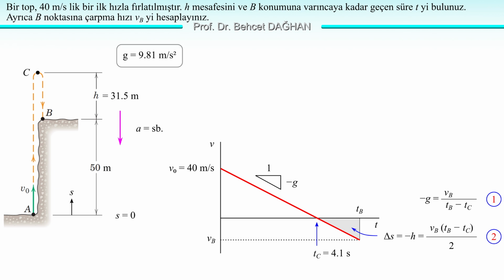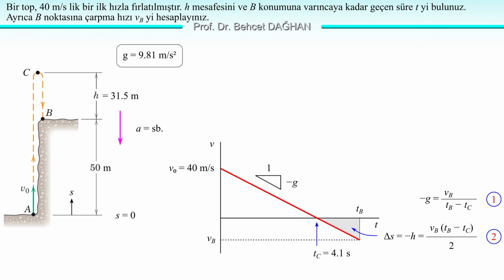It's an area below the t-axis. Therefore, it's negative. The change in position from C to B is h, but delta s is minus h, because we chose the upside as positive, so the change in position is negative. It is minus h. This minus h is equal to the area of the triangle.